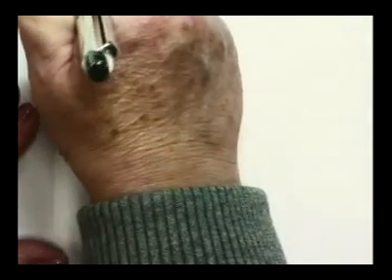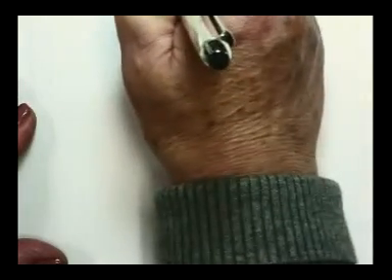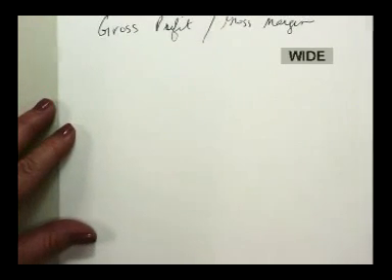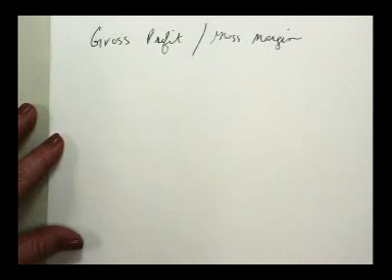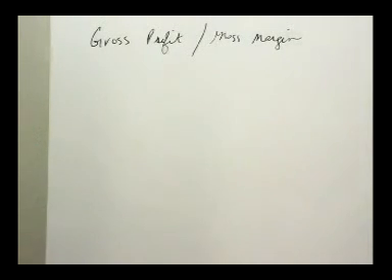Let's look at two really big phrases: gross profit or gross margin. All businesses want to know their gross profit or gross margin before they ever start calculating all kinds of different costs beyond that, because the main cost to a retailer is the cost of the merchandise they're going to sell. That's their biggest expense.